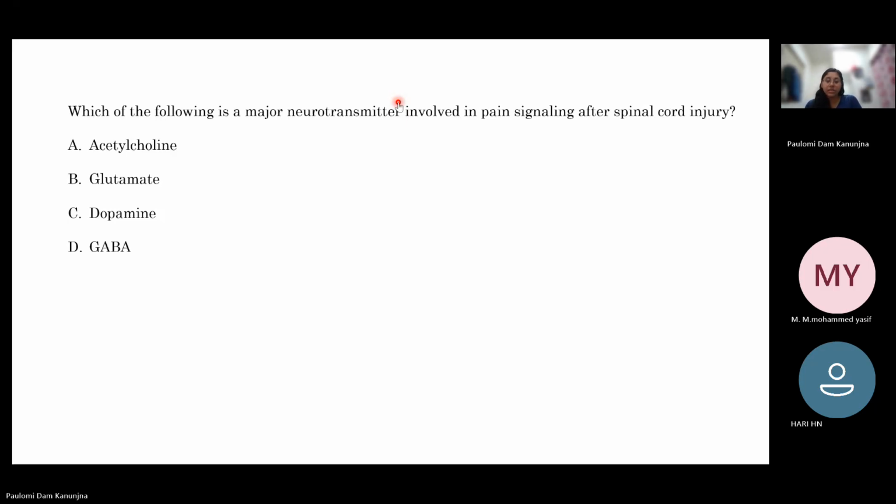Think. This is very easy, if you keep a logic, pain means something is getting activated. That's why something is getting activated. Which thing will have a direct impact on activation or relay of transmission of signals in the neurons?